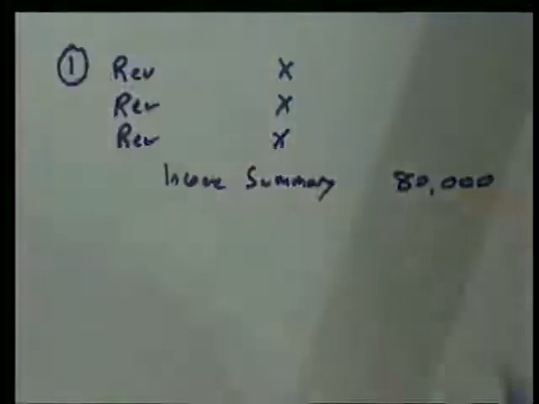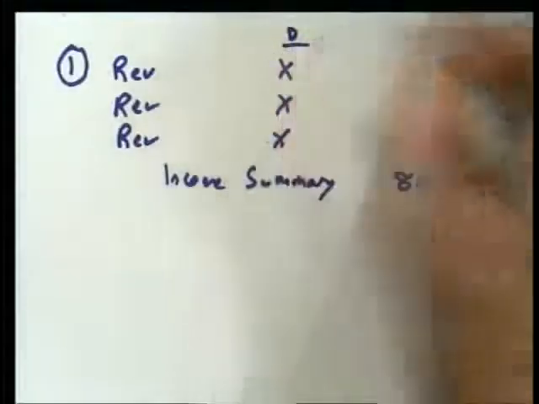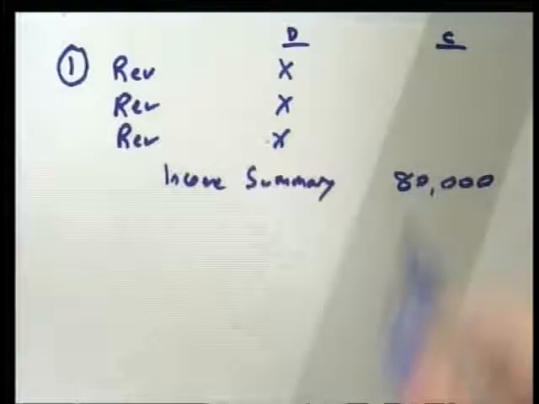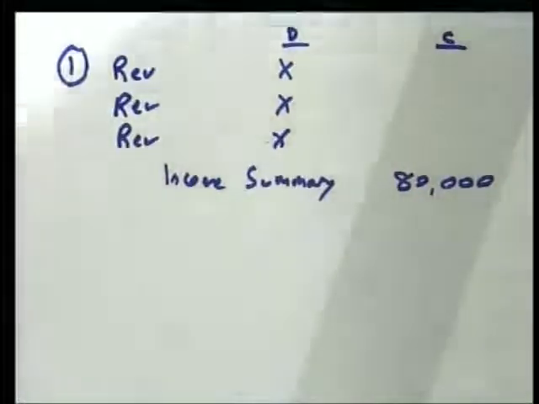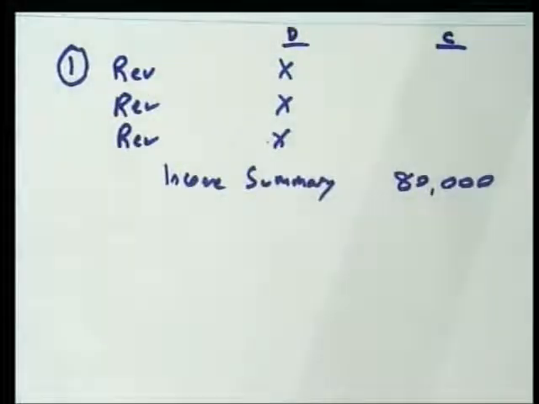This is the debit column. This is the credit column. Sometimes students mistakenly think I'm doing some sort of little financial statement here. It's not that. It's a closing journal entry. Make sense? That's the first journal entry.